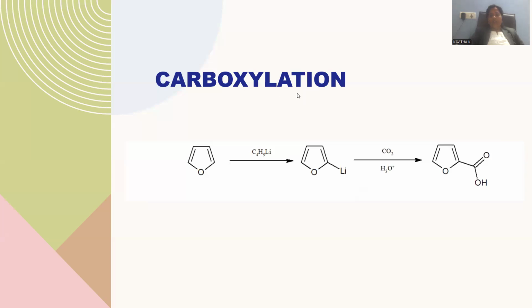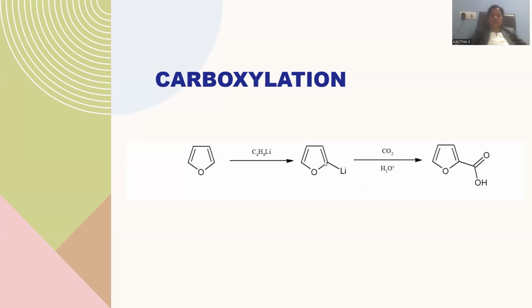Let me treat with the carboxylation. Carboxylation is nothing but addition of carbon dioxide. In order to achieve this one, this is the kind of reaction where an organometallic compound, alkyl lithium, is applied upon furan. Alkyl lithium is able to pull a H positive from position number 2. Whenever H positive is removed, a negative charge, a carbanion, will be there. That carbanion will be combined with Li positive.